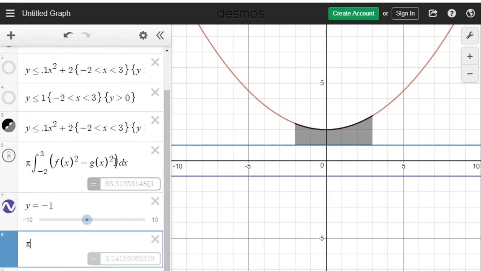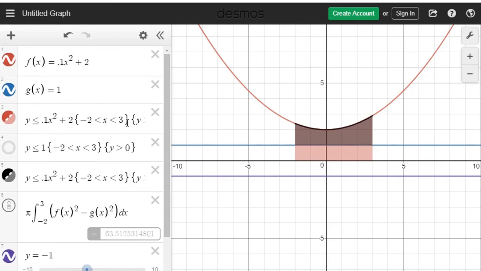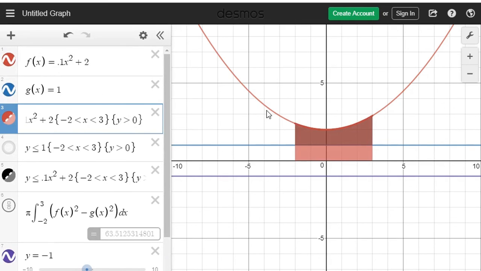And so that's going to be pi times the integral from -2 to 3. And this is where we have to really be careful because my big radius is now no longer the length of f. It is now the length of f, oops, plus 1.